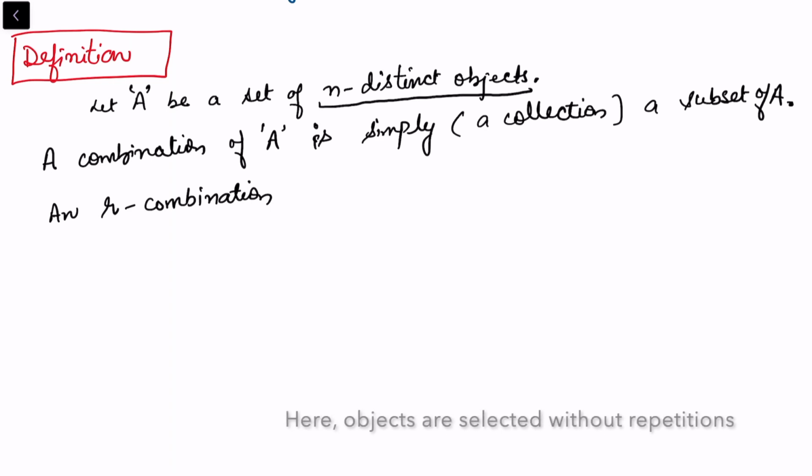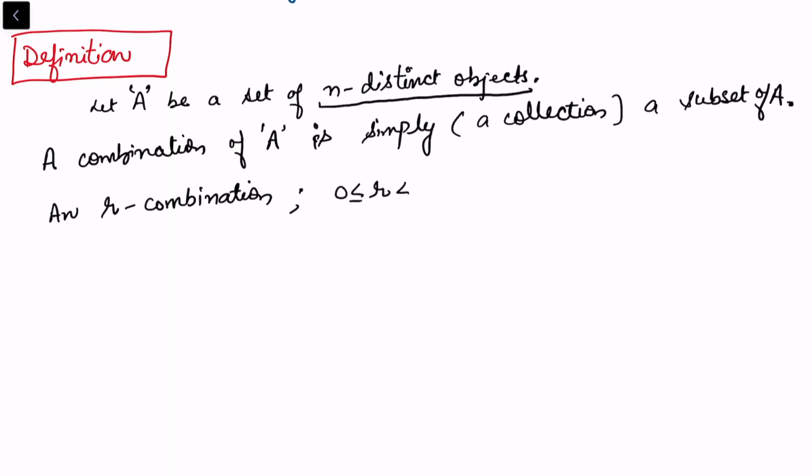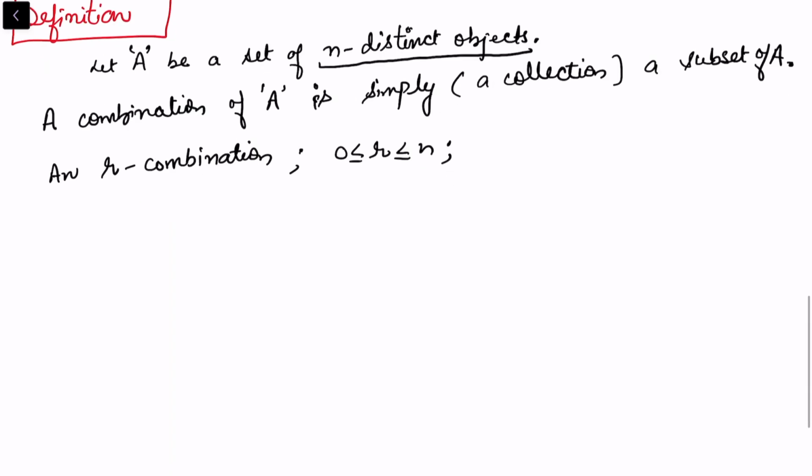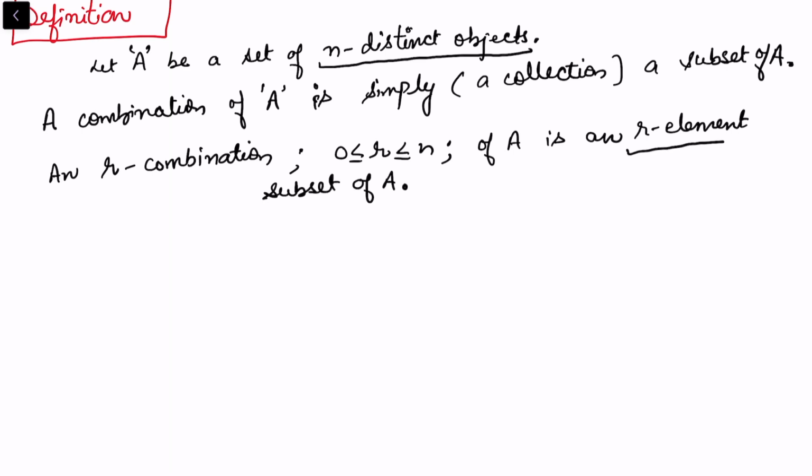While discussing multisets, I will come back to these points in my coming videos. But at this moment, an R combination of A, where R lies between 0 and n, is an R element subset of A. So again we consider a subset of A in which there are R elements.